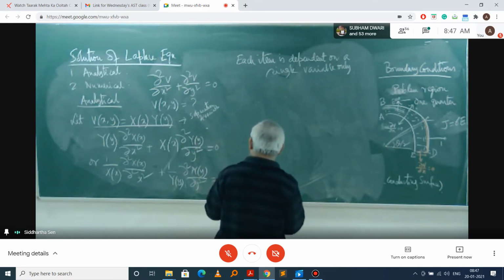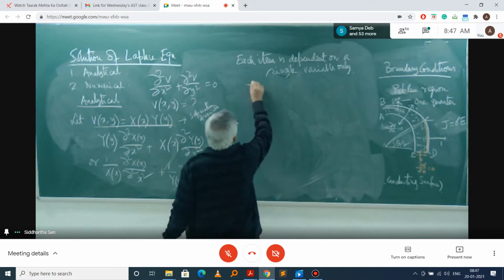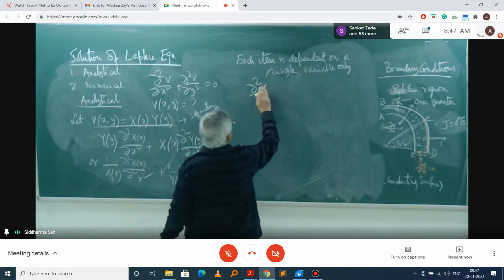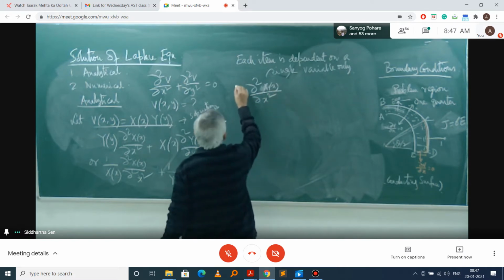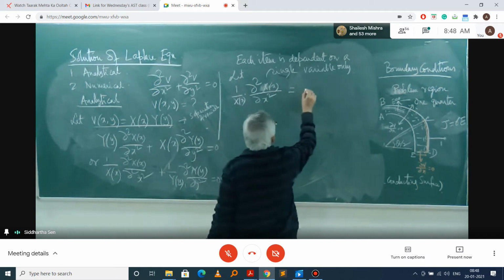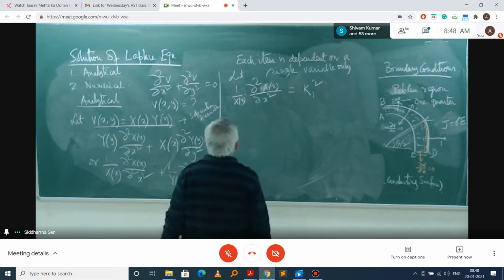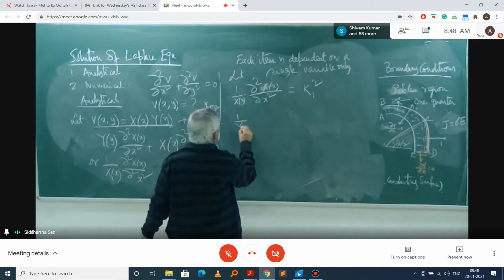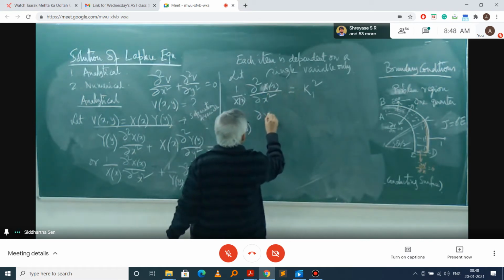So in this case, we can assume that del 2X by del x square into 1 by X is equal to k1 square, and then del 2Y by del y square into 1 by Y is equal to k2 square, because this will be only a constant.